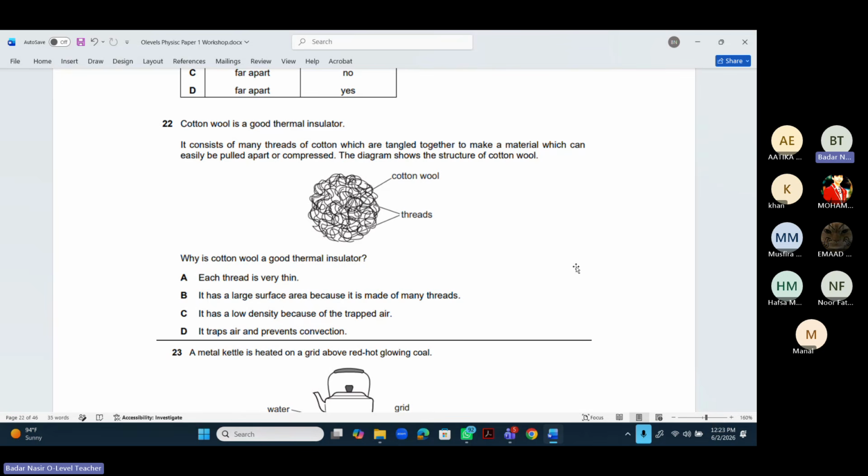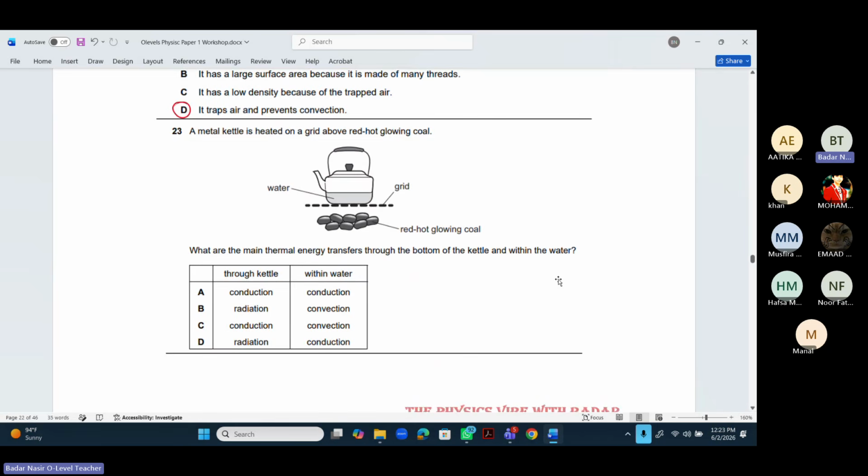No, it has a large surface area because it is made of many threads. No, it has a low density because of the trapped air. It traps air and prevents convection. So this is the main reason for thermal insulation: when air is trapped, heat energy cannot be transferred through convection.